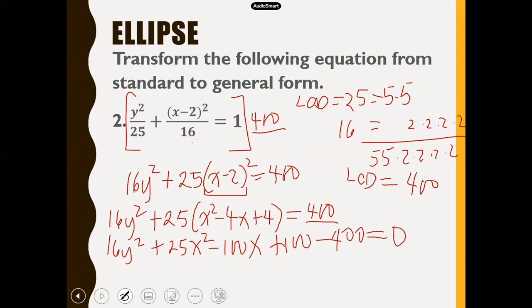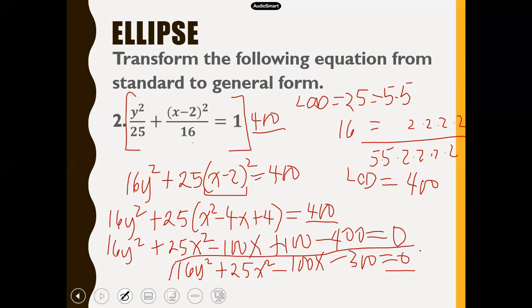So final answer natin this will be 16y squared plus 25x squared minus 100x minus 300 equal to 0. So ito na ang general form mo ng equation ng ellipse.